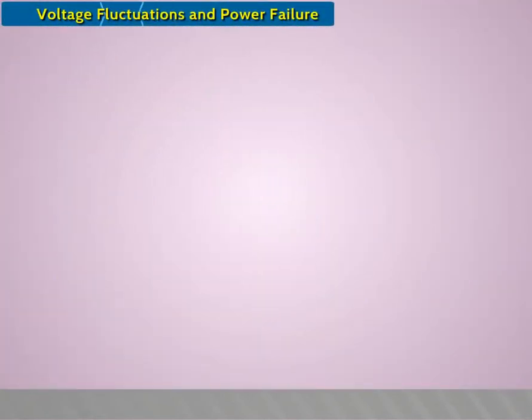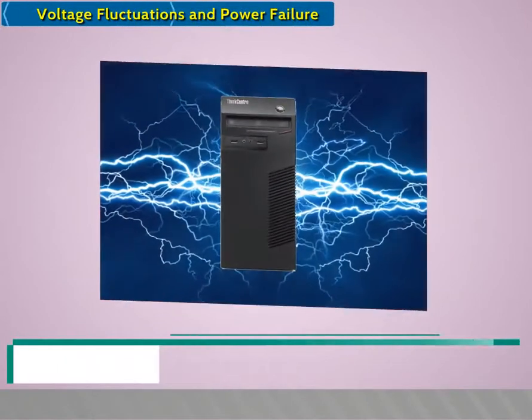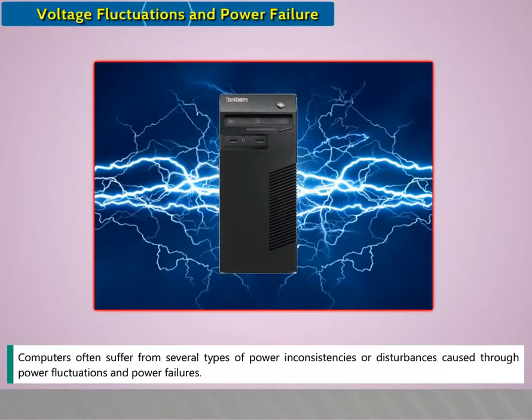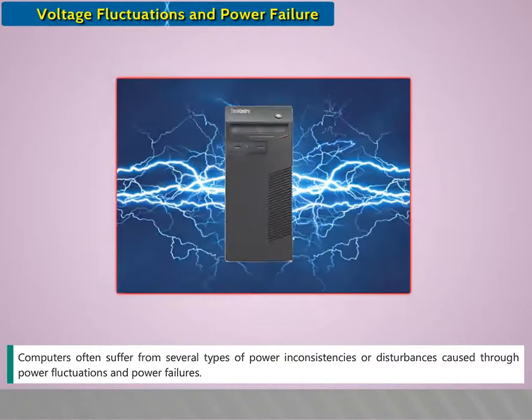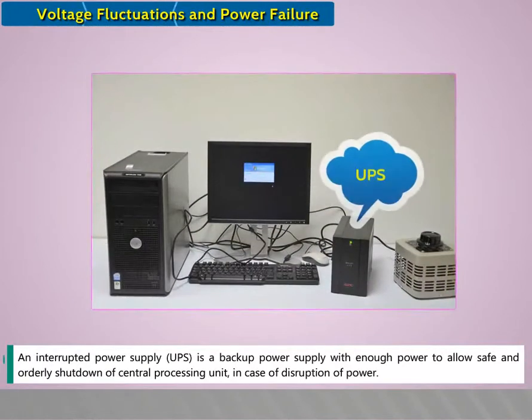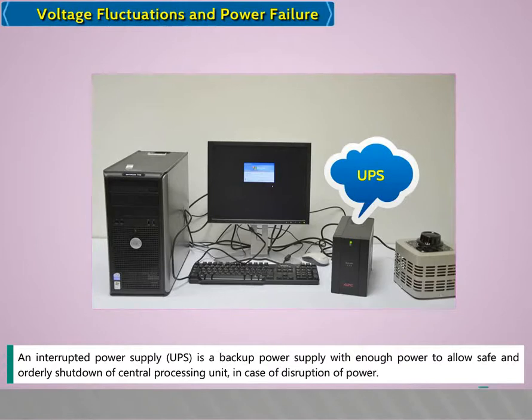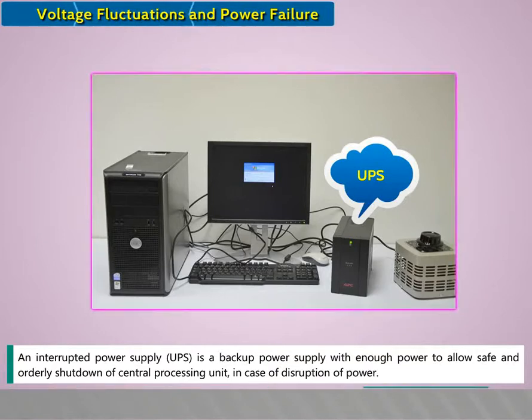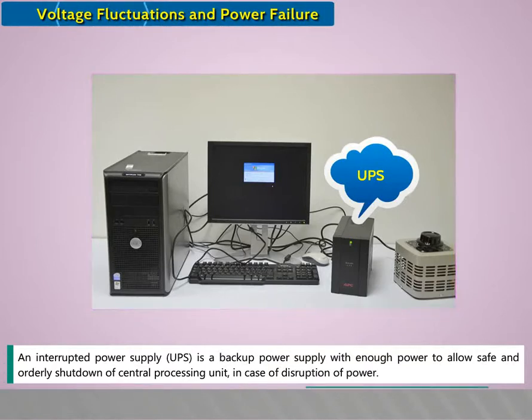Voltage fluctuations and power failure. Computers often suffer from several types of power inconsistencies and disturbances caused by power fluctuations and power failures. An uninterrupted power supply, that is UPS, is a backup power supply with enough power to allow safe and orderly shutdown of the central processing unit in case of disruption of power.